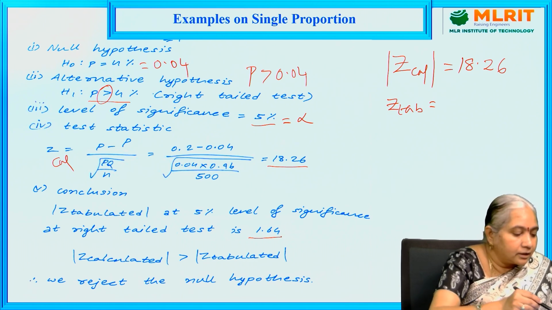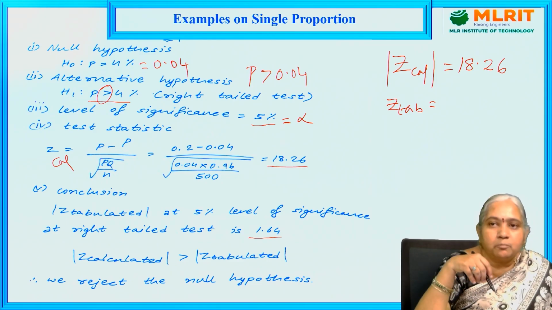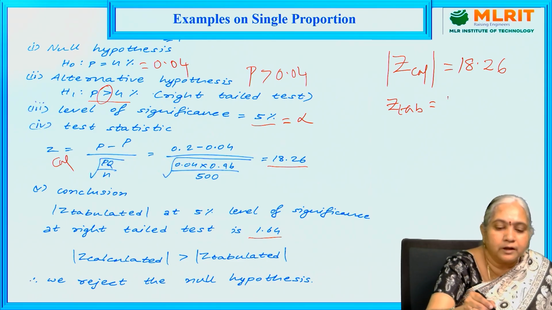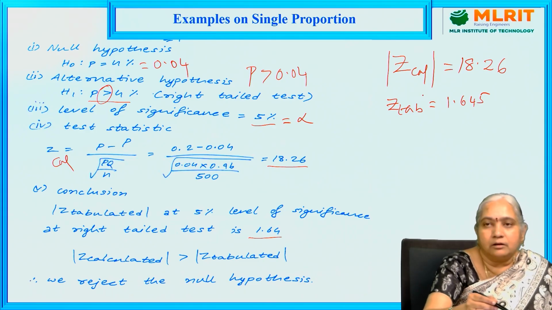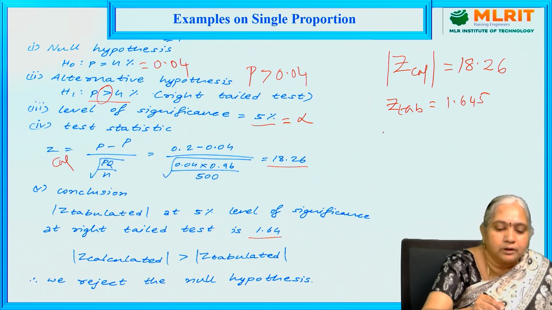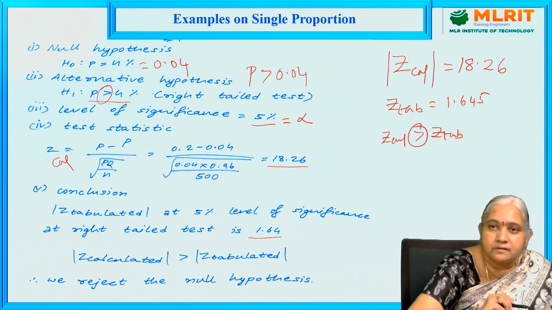So here the calculated value is 18.26, the tabular value is 1.645. Comparing the calculated value with the tabular value, Z calculated is greater than Z tabular value. If the calculated value is greater than the tabular value, then we reject the null hypothesis.